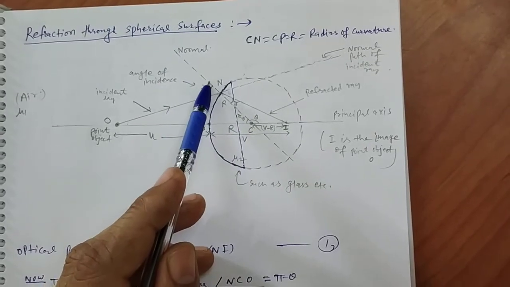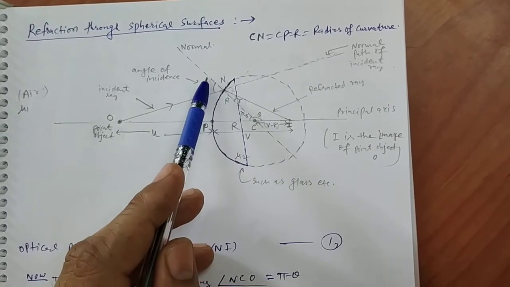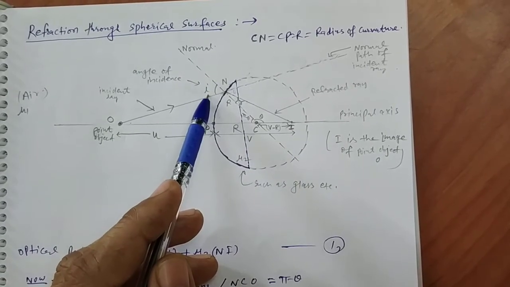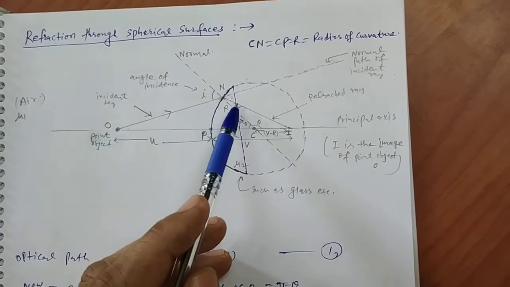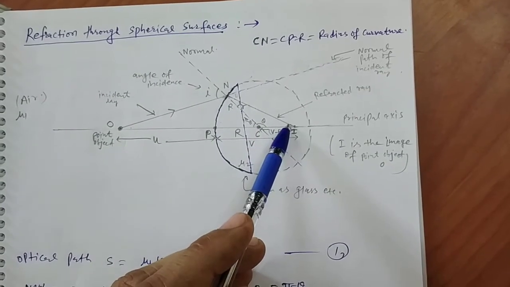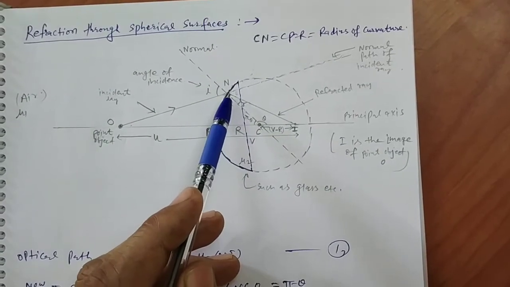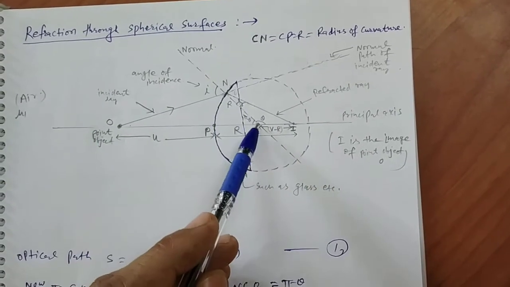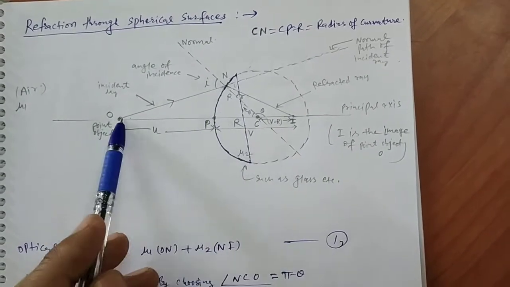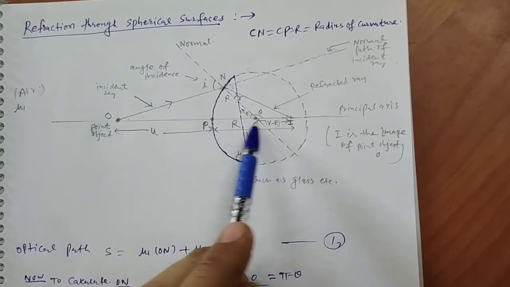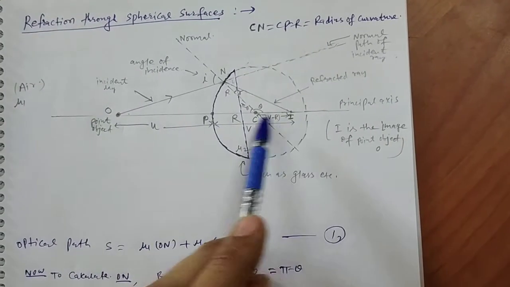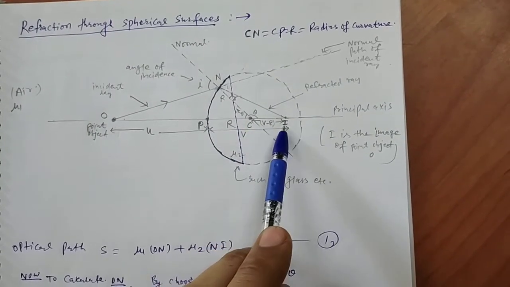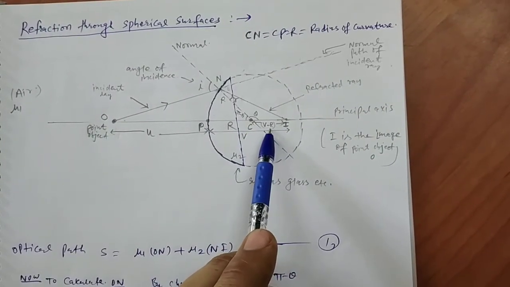So the angle between the incident ray and the normal is called the angle of incidence, which is equal to i, and the angle of refraction is called r. This is the radius. This is always taken as u, and the distance between I and P is called v. So the distance between C and I can be called v minus R.